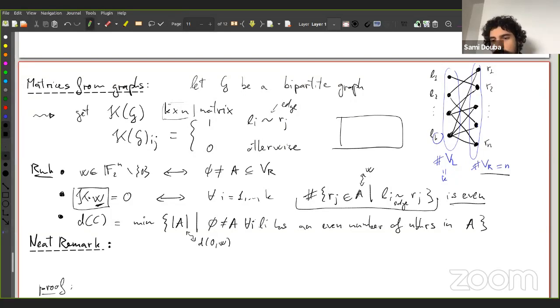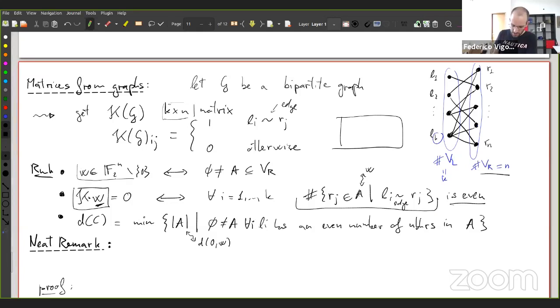Federico, you have a question. How are the W and the A related in the first remark? Yeah, so an element in W is a sequence of ones and zeros, and an element of A is a set of vertices.